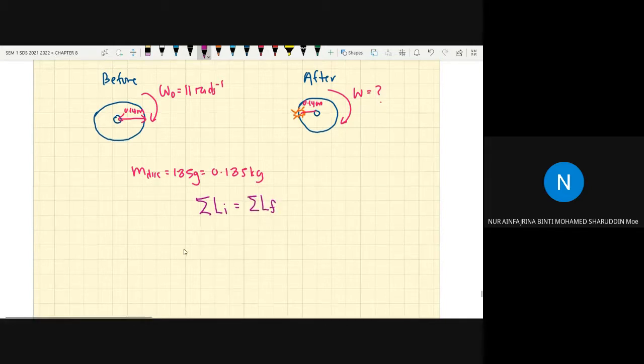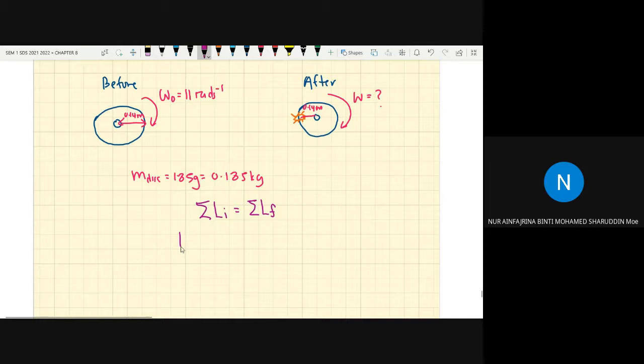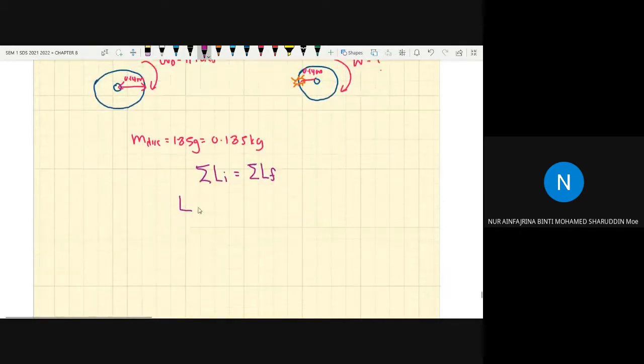Just now we only had the angular momentum of the disc. Let D be the disc and B be the bug, equals to final. Now there is the disc and also the bug. For angular momentum, the formula is moment of inertia times angular velocity.